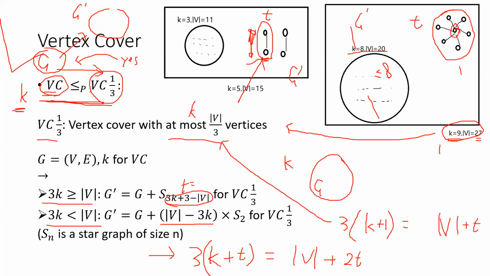This is our purpose. And the reason we have to construct a new graph is that otherwise we can't meet this standard. So this is a mapping between them.